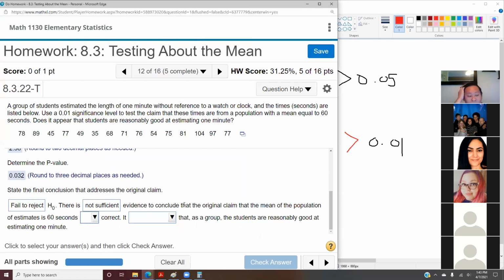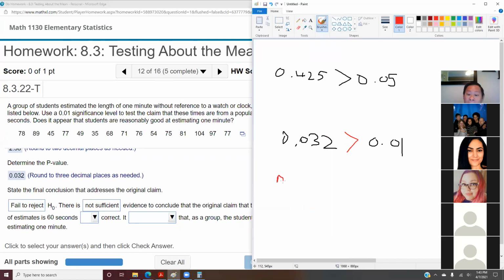This one, I don't know why they don't have the words warrant rejection here, so you have to twist it a little bit.